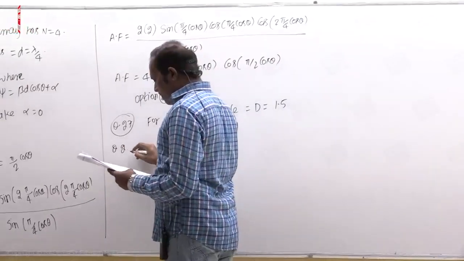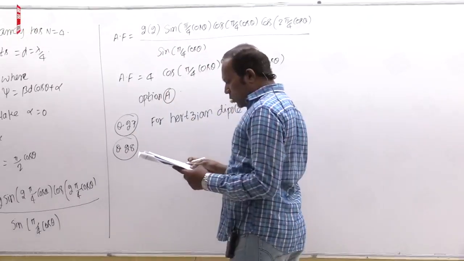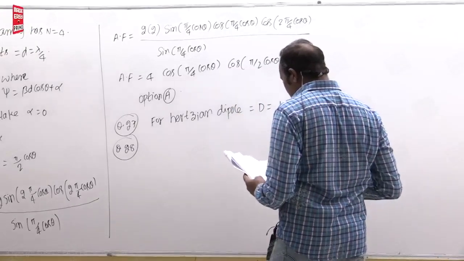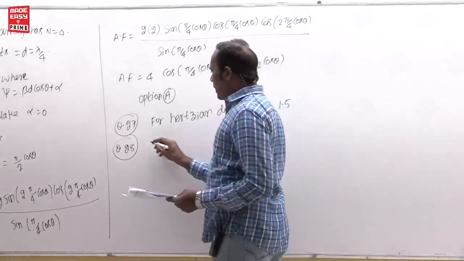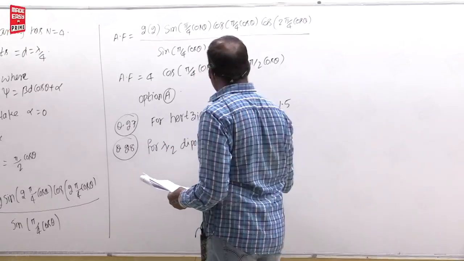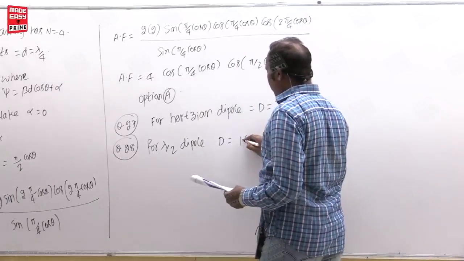Now next question, for lambda by 2 dipole, dear students, I told you to remember, for lambda by 2 dipole antenna, D is equal to 1.64.